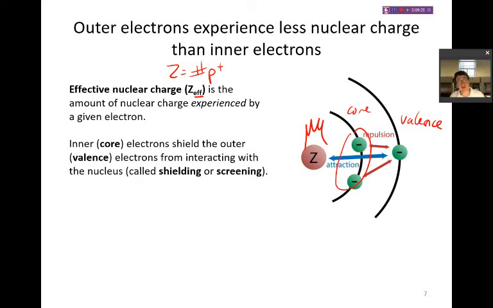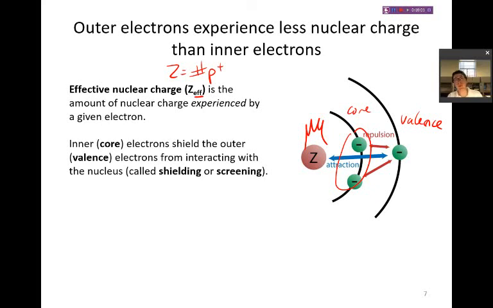One, because you're farther away, but also if someone is blocking you, then that's preventing you from feeling that heat. And so the analogy here is that the electrons in the core are blocking the outer electrons. And so the outer electrons feel a smaller attraction, a smaller nuclear charge.